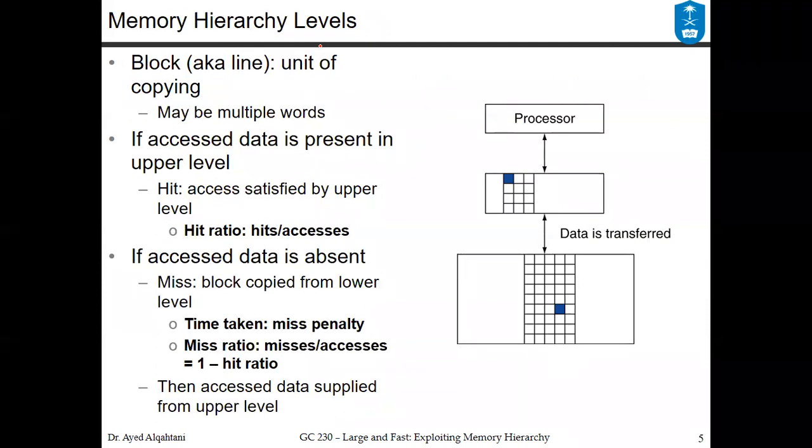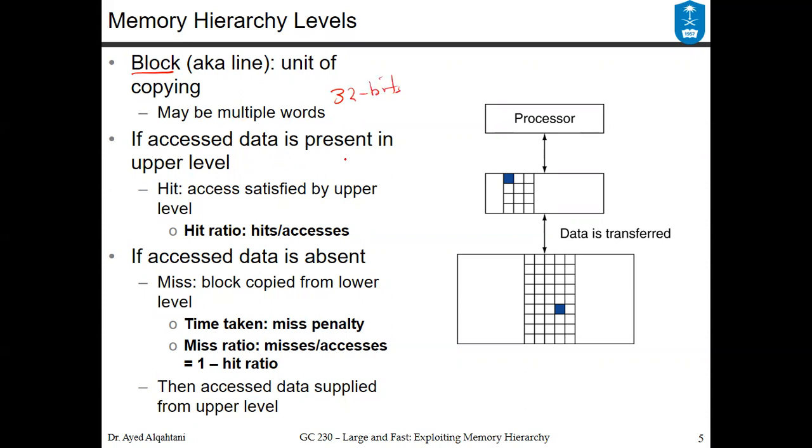Now, the memory hierarchy levels, we have a unit called a block, or also known as a line. This is a unit of copying. Maybe there are multiple words, and don't forget that when we say words, we mean 32 bits.